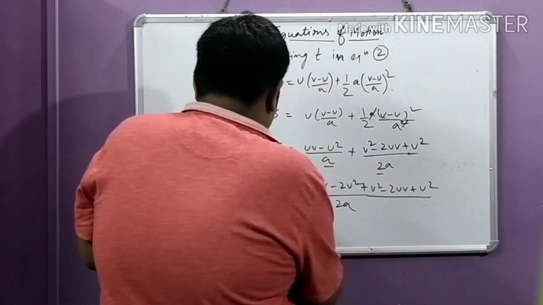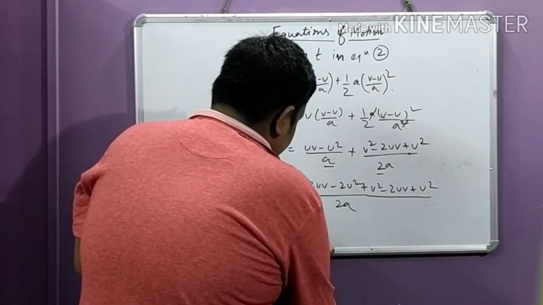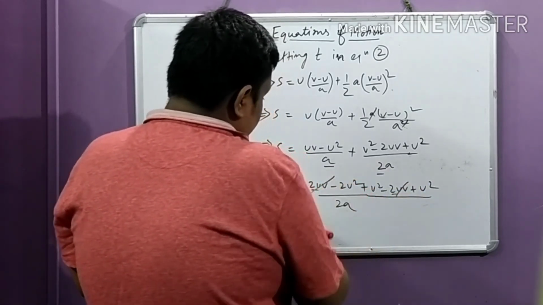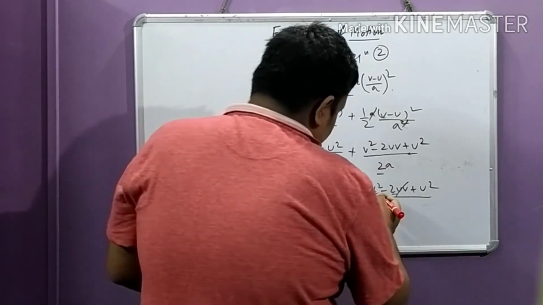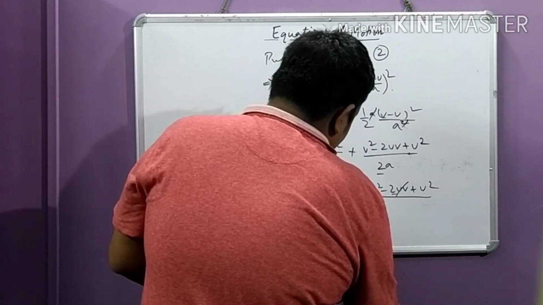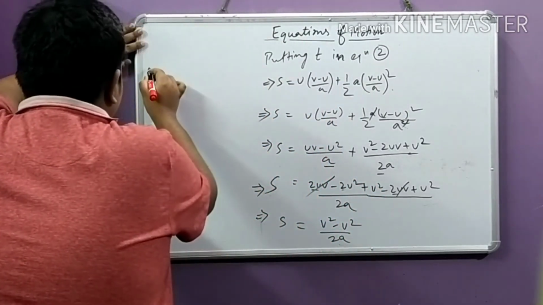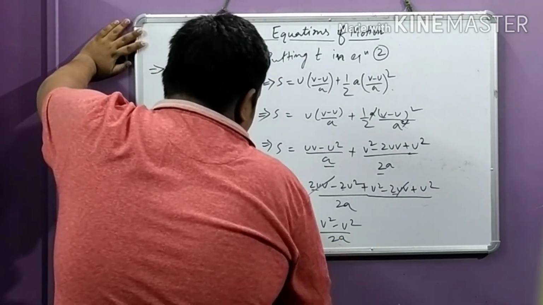This is S. So here you calculate, what will come? Plus 2UV and minus 2UV will get cancelled. U square minus 2U square will be minus U square and this is V square. So V square minus U square by 2A. From this what we can write? 2A I will bring here, so it will be multiplied.